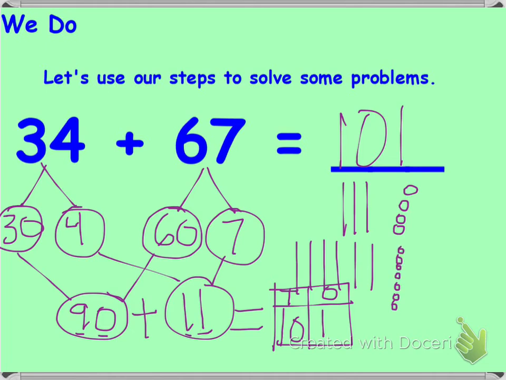So now I have to count to see if my ones make a new 10. 1, 2, 3, 4, 5, 6, 7, 8, 9, 10. Oh, we have a new 10. Then I have to count it to see. 10, 20, 30, 40, 50, 60, 70, 80, 90, 100, 101. So check, we get the same answer.